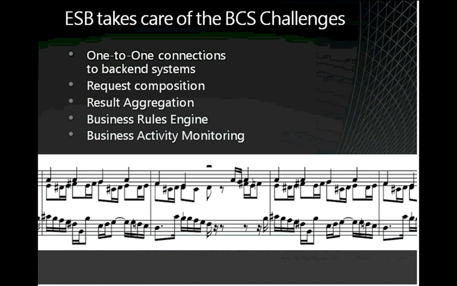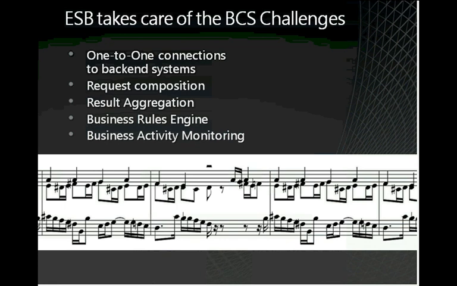So the Enterprise Service Bus takes care of the following Business Connectivity Services challenges. First of all, one-to-one connections to backend systems. Request compositions: it can compose our requests to different terminals in different ways. Terminal 1 can use system number 1, Terminal 2 can use system number 2, maybe a completely different web service, but the ESB will compose our request the right way.